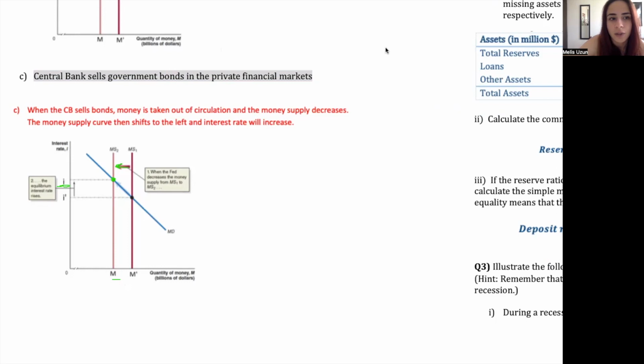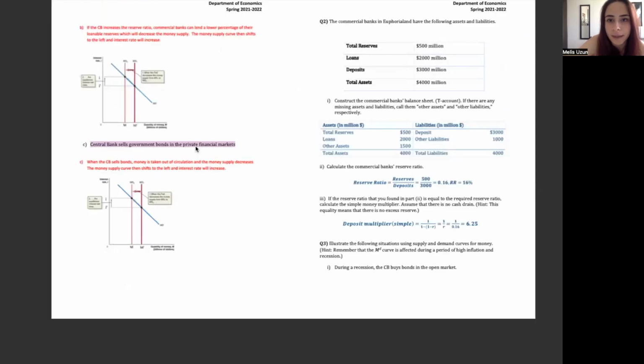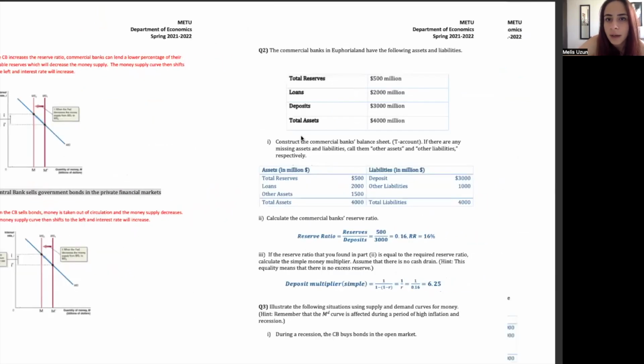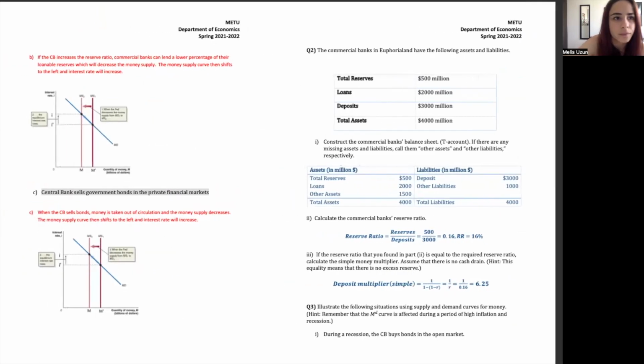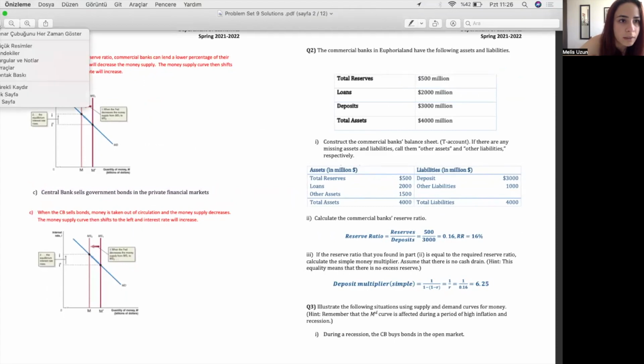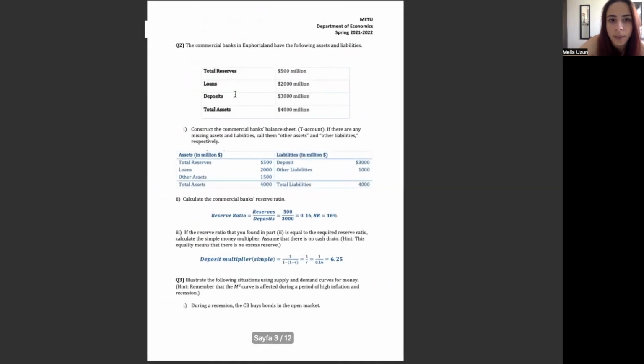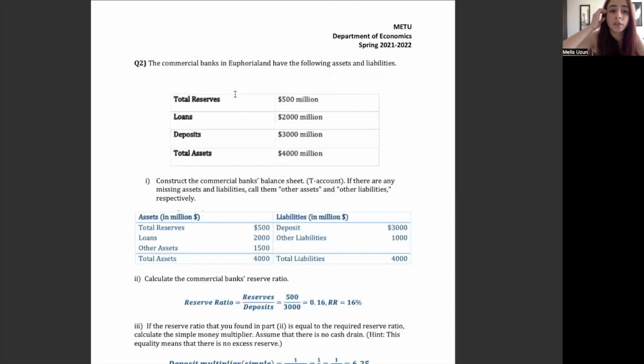So if the central bank sells bonds, it will decrease the money supply. You can remember that. So in the second question, we have: the commercial bank in Europe has the following assets and liabilities.